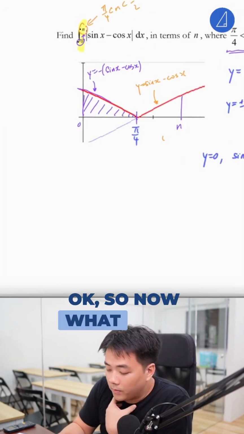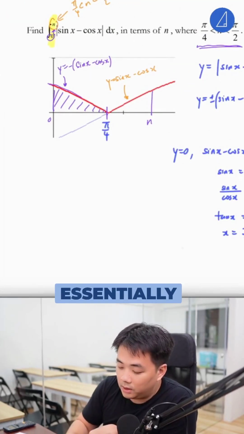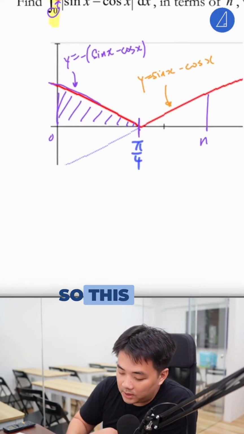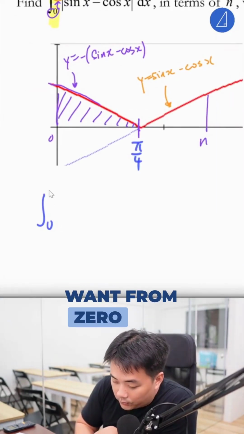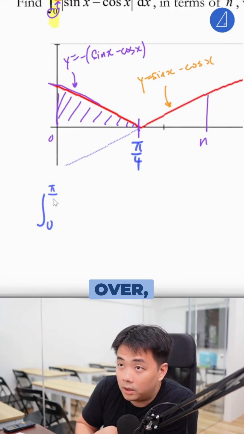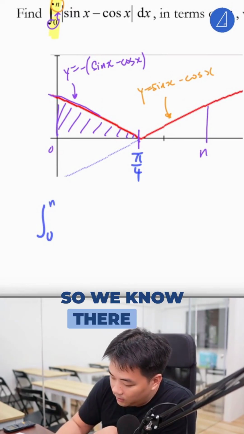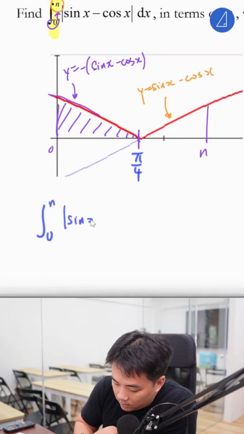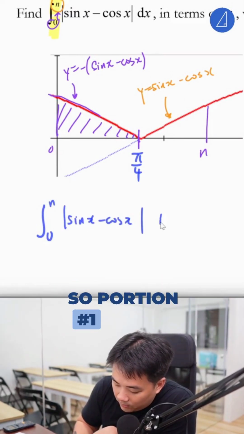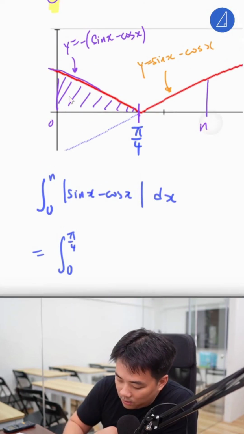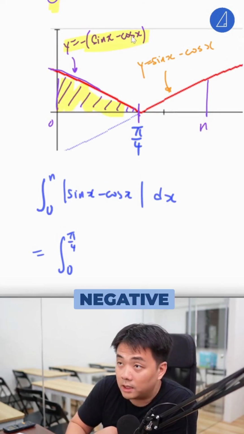Now what we're going to do is find the integral from 0 to n. We know there are two portions here. Portion number 1 is from 0 to pi over 4, where we are taking the negative graph.